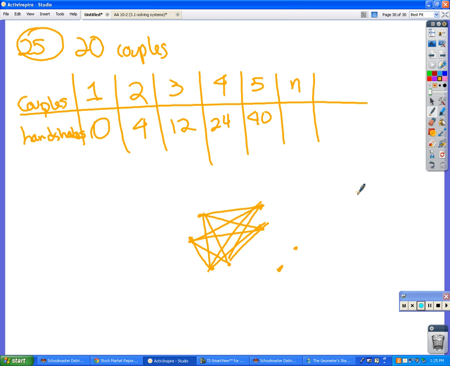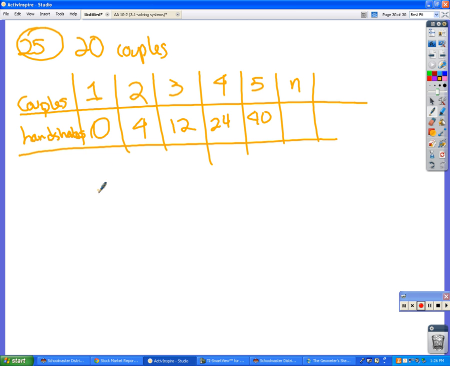So now we are ready to come up with a pattern. And again, the way to figure this out is to break it down and look at how many handshakes. Per person or per couple? Per person.